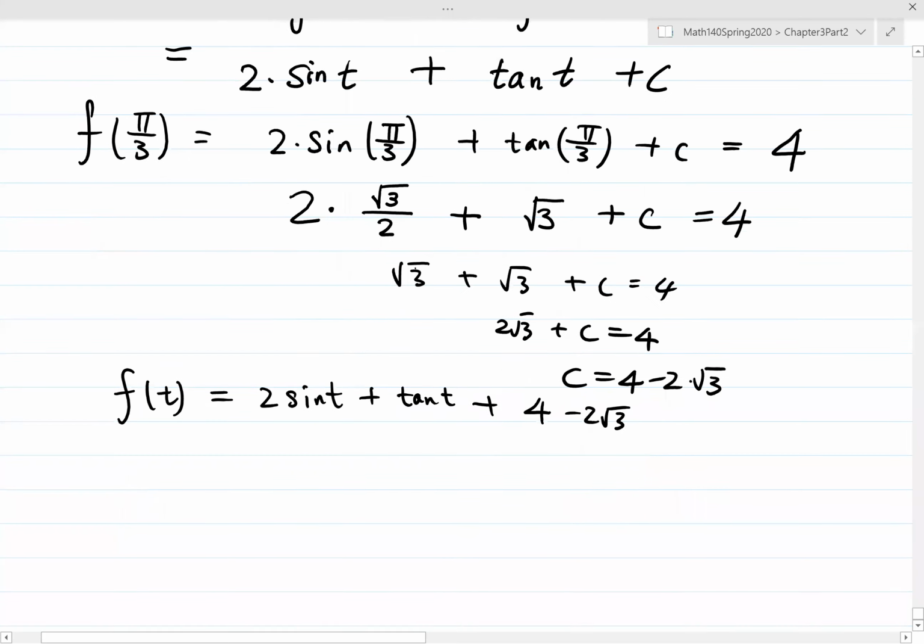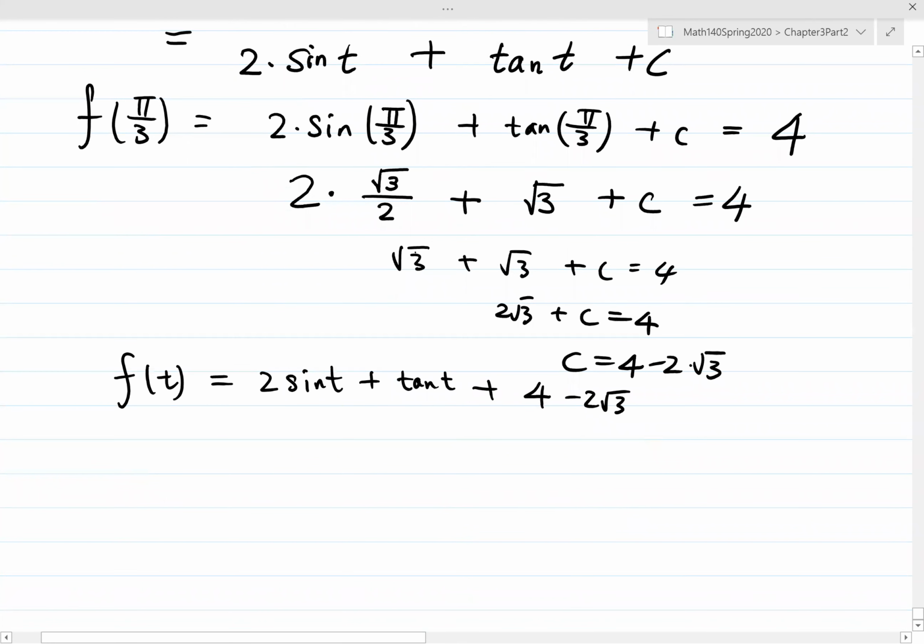Every time we do an antiderivative, we have one undetermined constant. If we do antiderivative twice, then we have two undetermined constants.